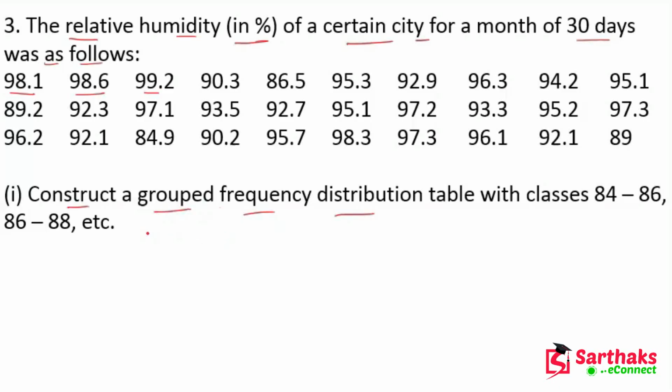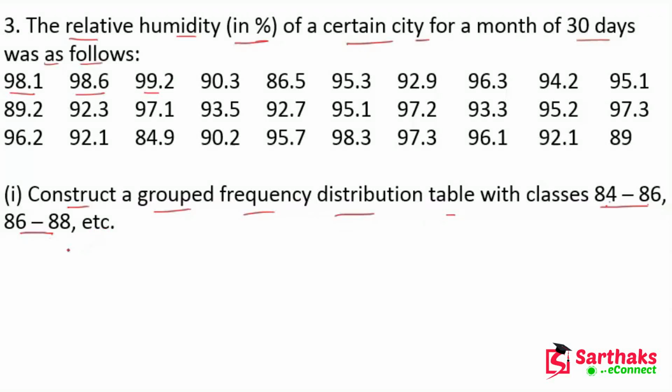Here we have to construct a grouped frequency distribution table with classes like 84 to 86, 86 to 88. We take the class width as 2. Here 84 is the lower limit and 86 is the upper limit, and upper limit minus lower limit gives the class width, which is 2.